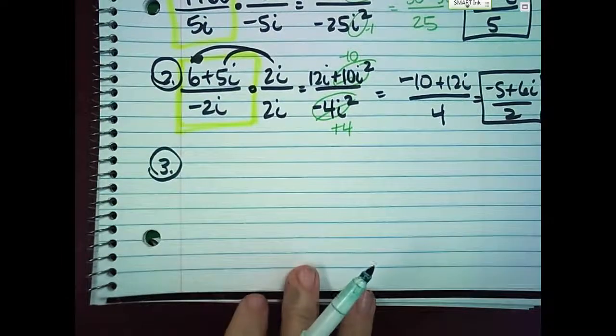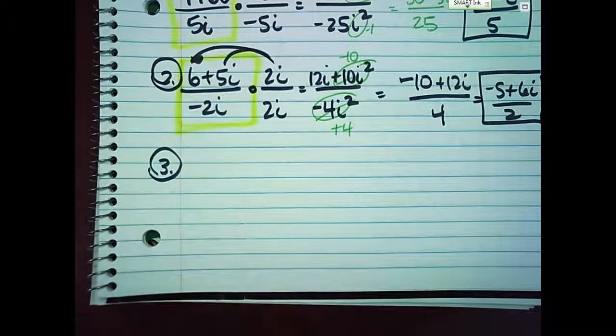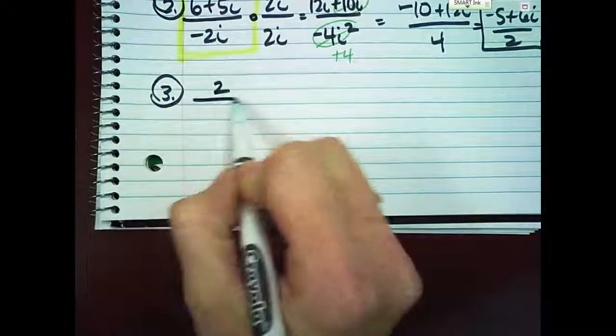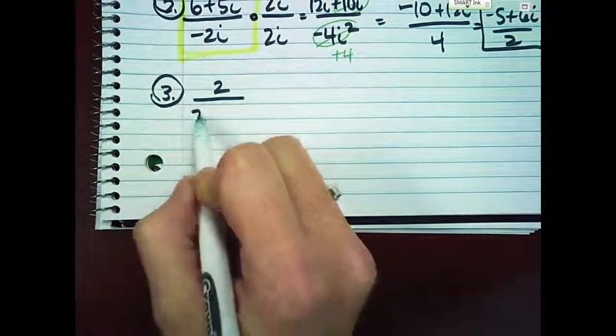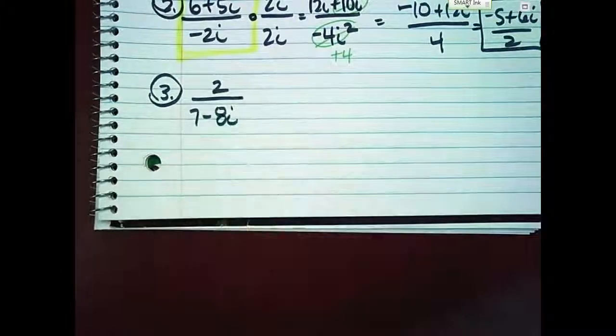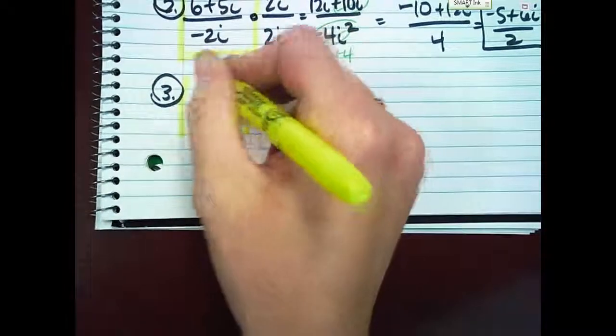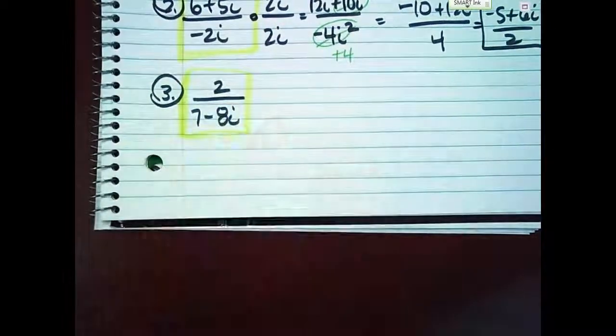Number 3. 2 over 7 minus 8i. What's your opinion here, guys?